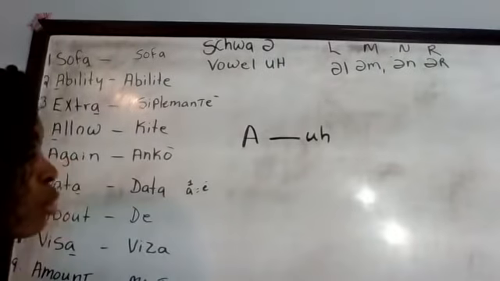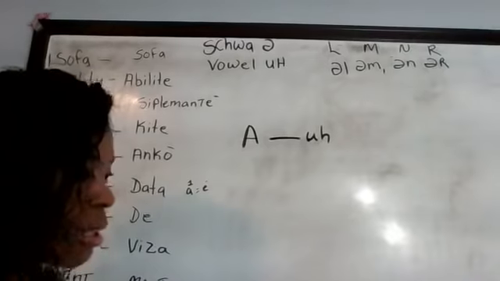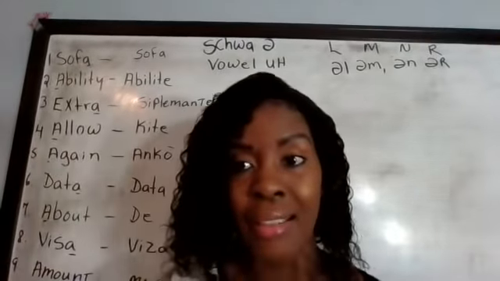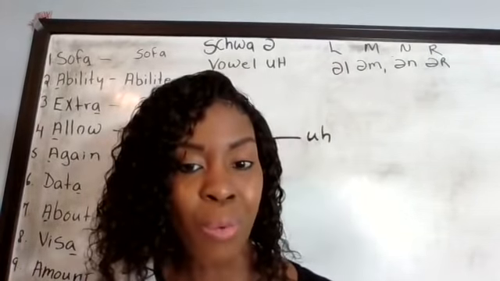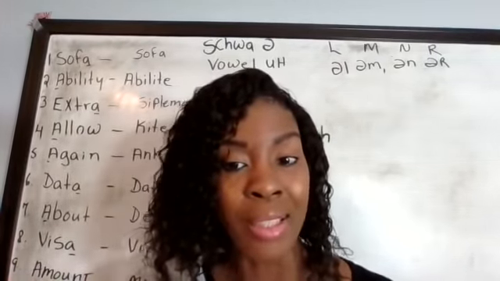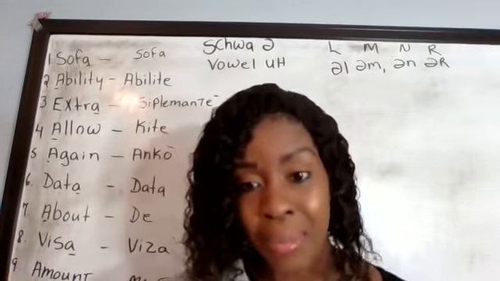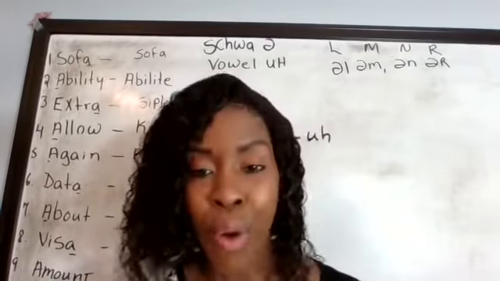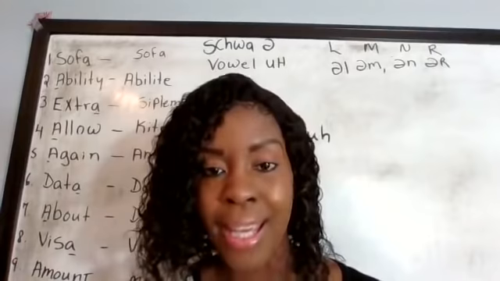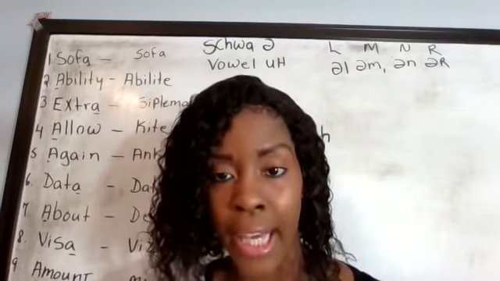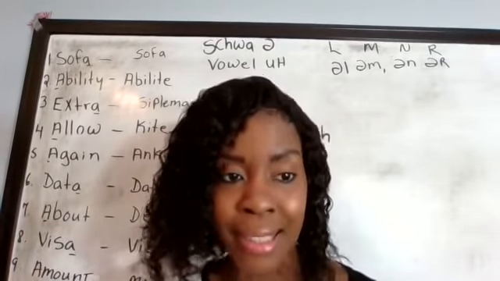Okay, I want you to look over here. When you have the consonant, okay, you have vowels, vowels, vowels, A, E, I, O, U, and sometimes Y. Now, the other letters are called consonants.